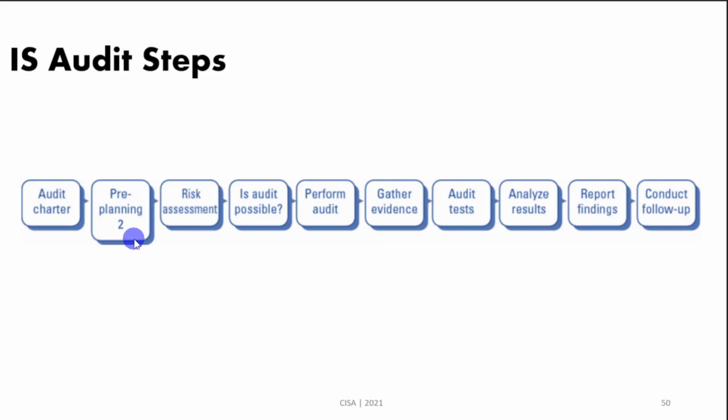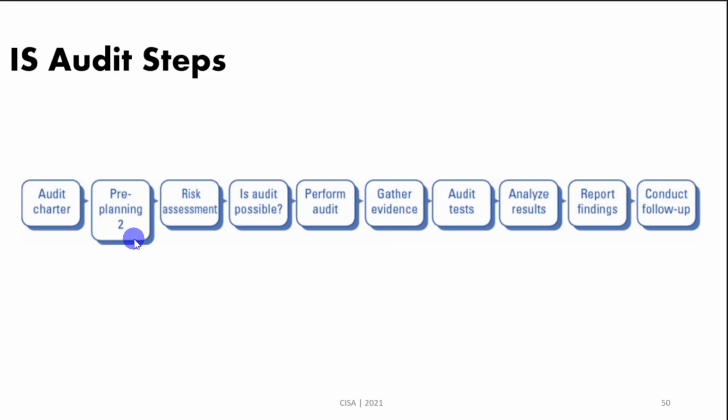Because let's understand that you don't have adequate resources as an auditor or an audit department to review and check everything in your organization. You only have a limited budget, limited time, and limited resources. So you need to manage these resources in a proper way. That's what risk management or risk assessment helps you to do.